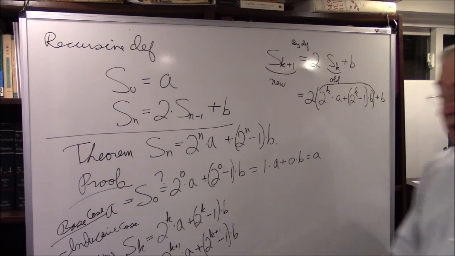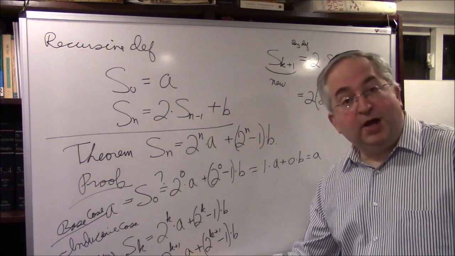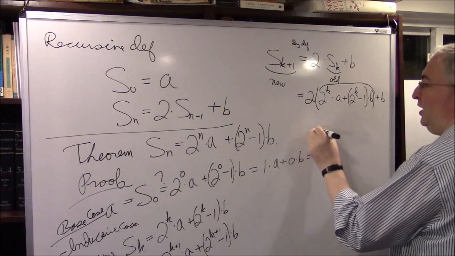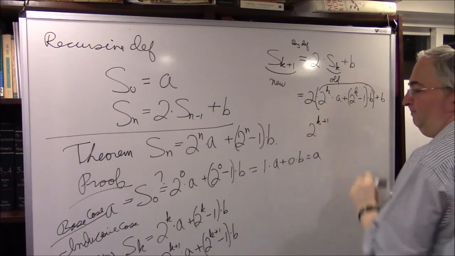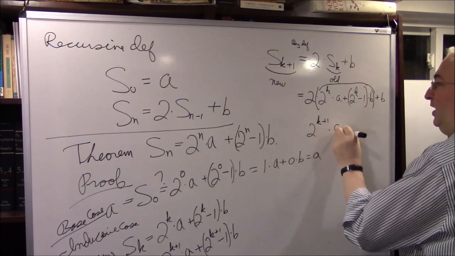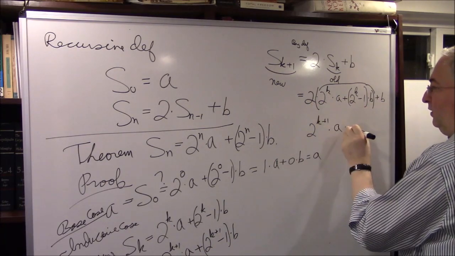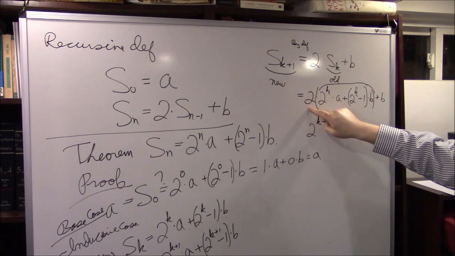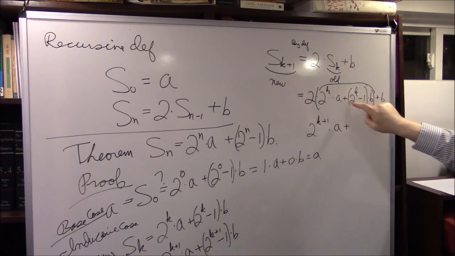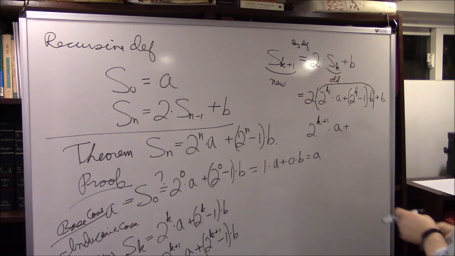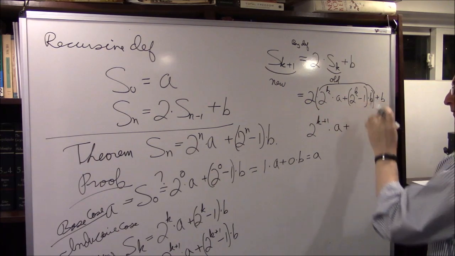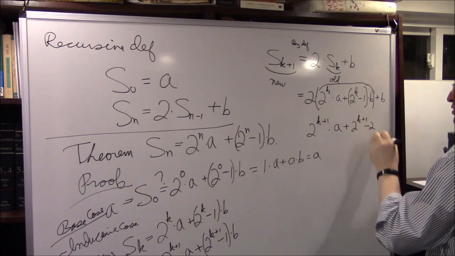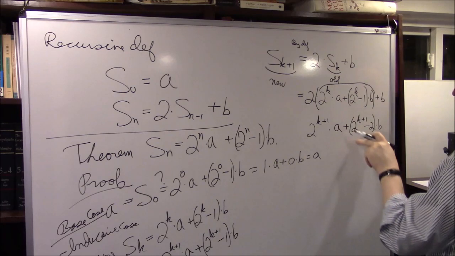Great. Now, I keep an eye on my cheat sheet and I see what I want to get. So let's multiply this out. 2 times 2 to the k is 2 to the k plus 1. I like that. Times A, plus 2 times, let's do this slowly, 2 times 2 to the k is 2 to the k plus 1, minus 2, times B, plus B.